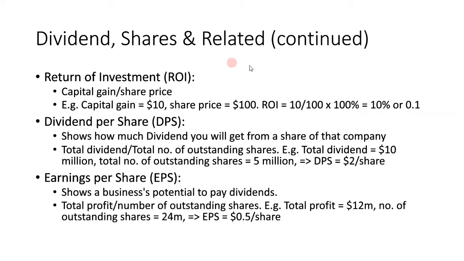All right, continuing on, we have return of investment. Return of investment is where you calculate the ratio between your capital gain and the share price, or the price of the specific property that you own and are about to sell. It's typically shown as a ratio, but people also show it as a percentage.